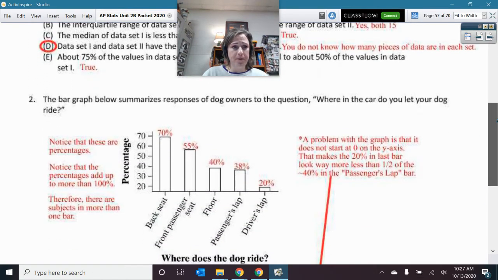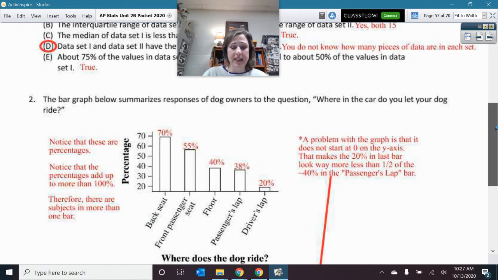Okay, take a look at these percentages. Notice that these are in percents, and that these percentages add up to more than 100%. Therefore, I know that I can't have a pie chart, because that must mean I've got some overlap.